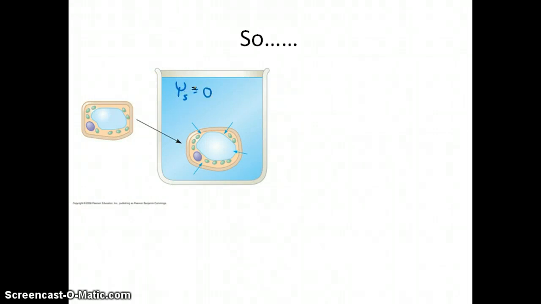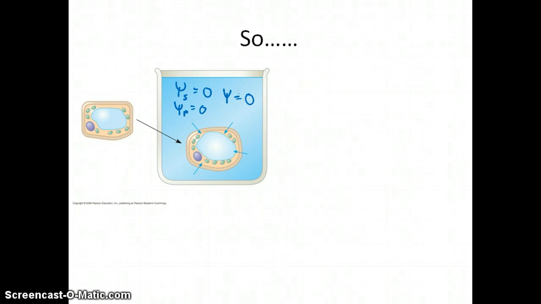It also has a pressure potential of 0 because it's an open system, like a beaker, and 0 is sort of a standard, a regular constant pressure. And so the water potential is going to be 0 in this case for our pure water.